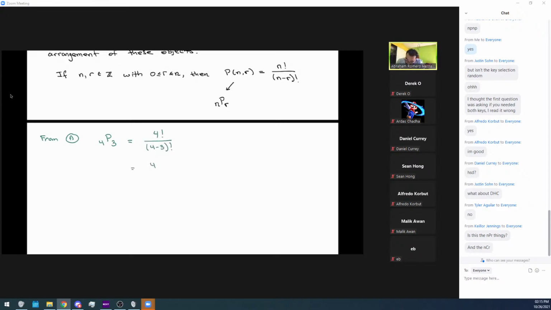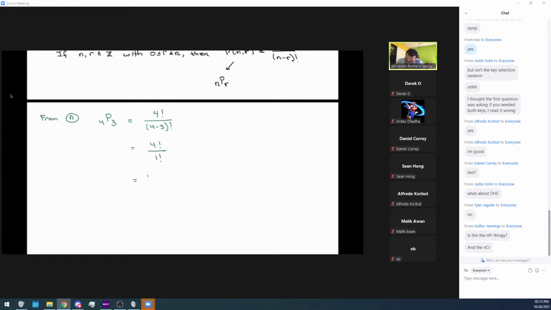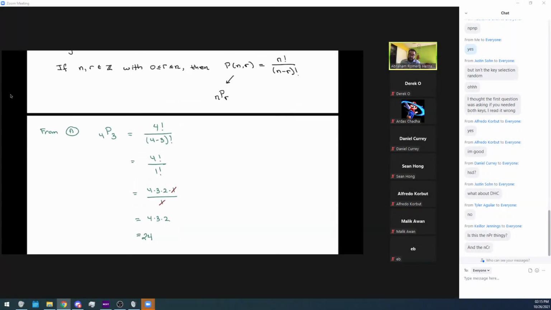That's the same thing as 4 factorial over 1 factorial. But that's clearly 4 times 3 times 2 times 1 all over 1, and that's the same thing that we got earlier. If you cancel out the ones, you get 4 times 3 times 2, which is simply 24. So that's a permutation. So if you see NPR, that's what it means. It is a ratio of n factorial over the difference of n and r factorial.